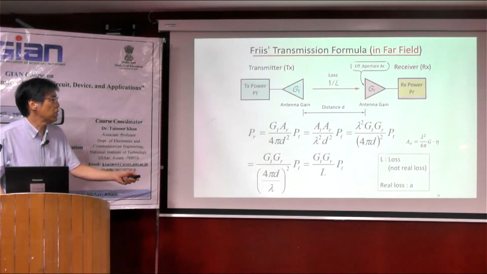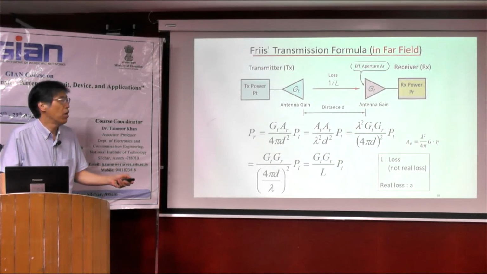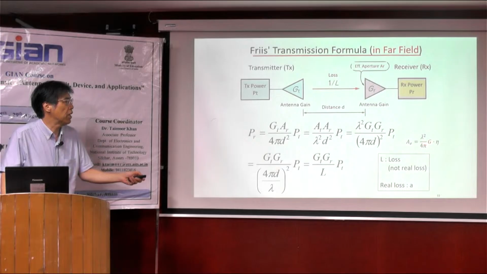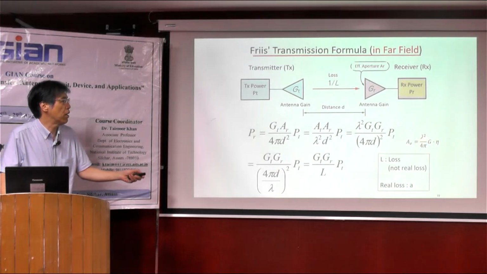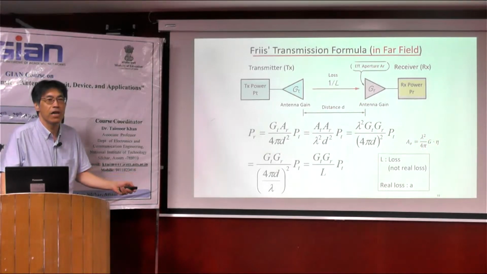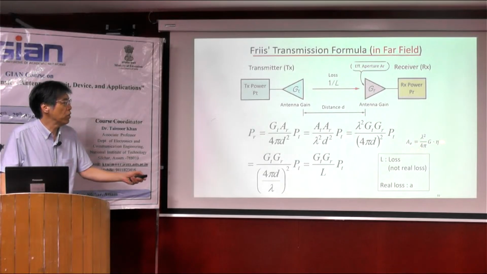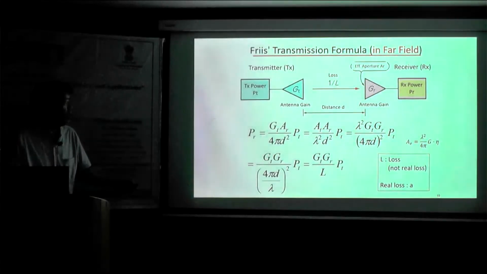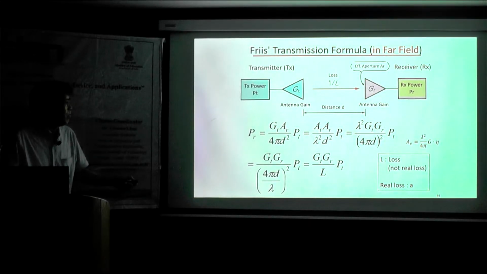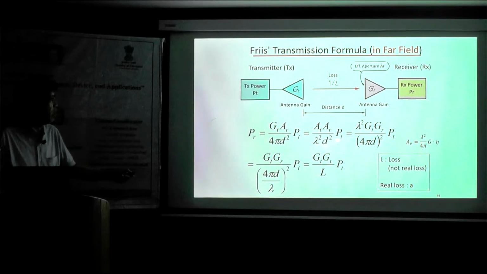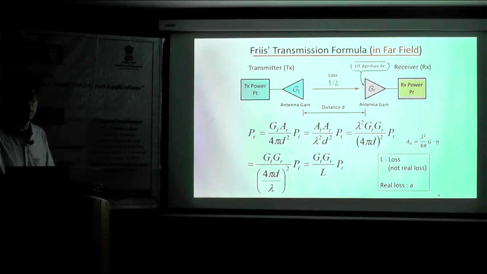Here you can see we have a relationship between the antenna aperture area and the antenna gain with the wavelength lambda and 4 pi. With this formula, we can convert the original Friis transmission formula to these formulas. We change the Friis transmission formula via these formulas, and at last we get this formula.